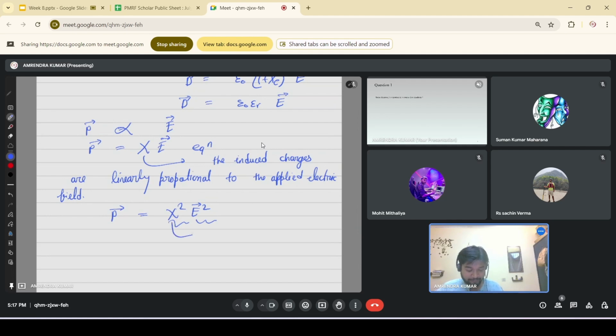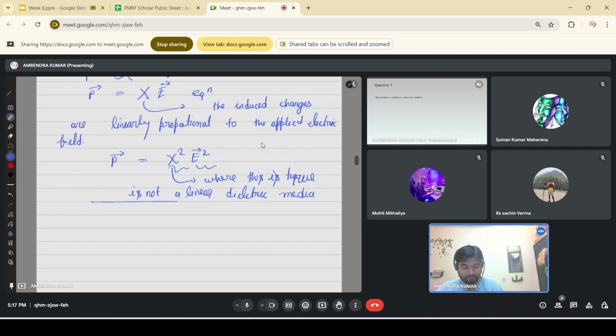Where this is true, it is not a linear dielectric medium. So keep in mind that where the linear relation is true, it is a linear dielectric medium.